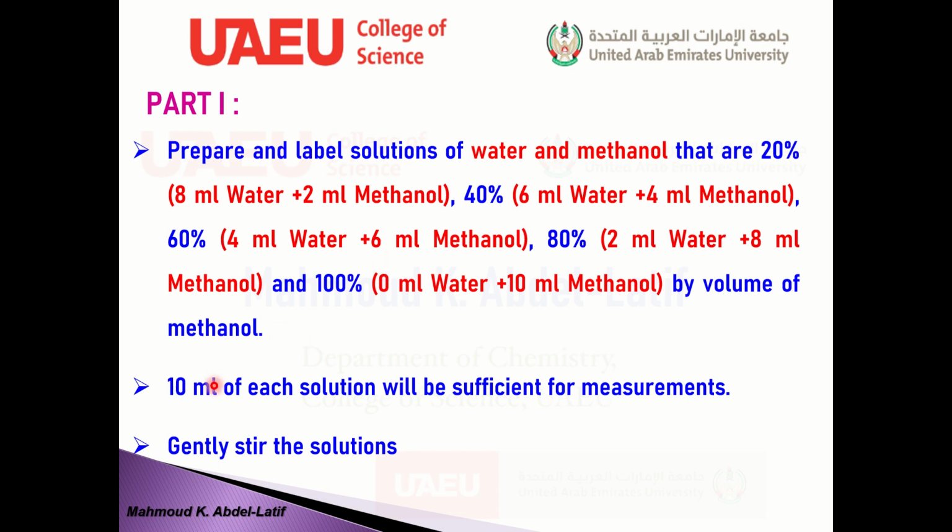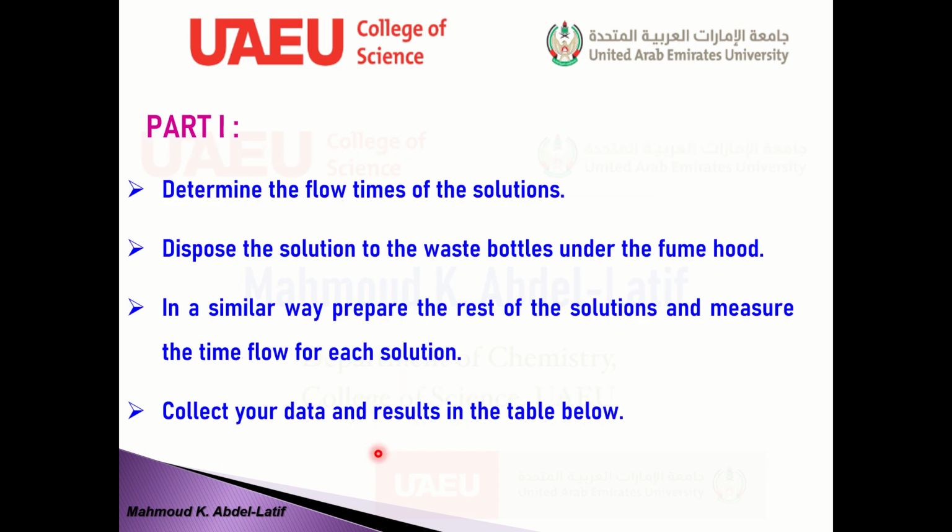Keep in mind that 10 milliliters of each solution is enough. You have to stir the solution before putting it in the Ostwald viscometer. Then we determine the flow time of the solutions, and dispose of the solutions in the designated waste bottles.